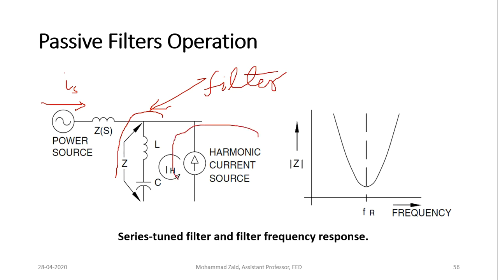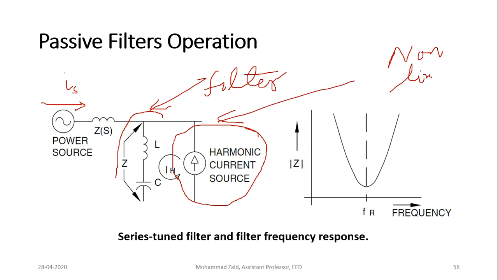That means here your harmonic load is there. This is the non-linear load. Now, if it is a non-linear load, then obviously it will be producing harmonics. So we want that this harmonic current Ih should not disturb the source current. That is the objective that we have in all of the applications.